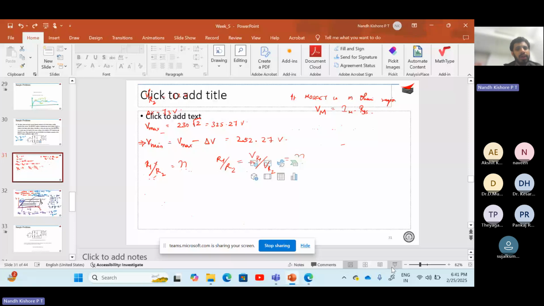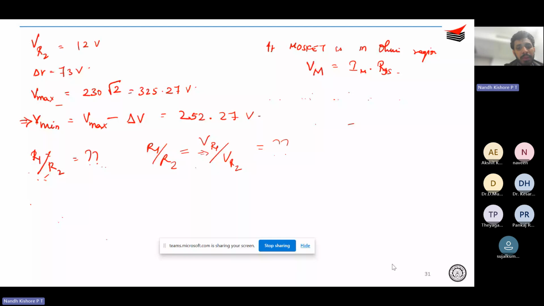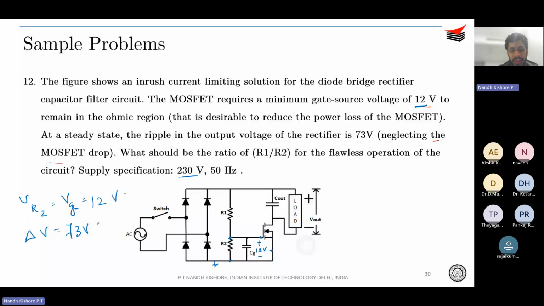And we are aware of what Vmin, Vmax and all are from the given properties. So if you go back to the circuit, this is your VR1. We know what VR2 is. We just need to find out what this is.